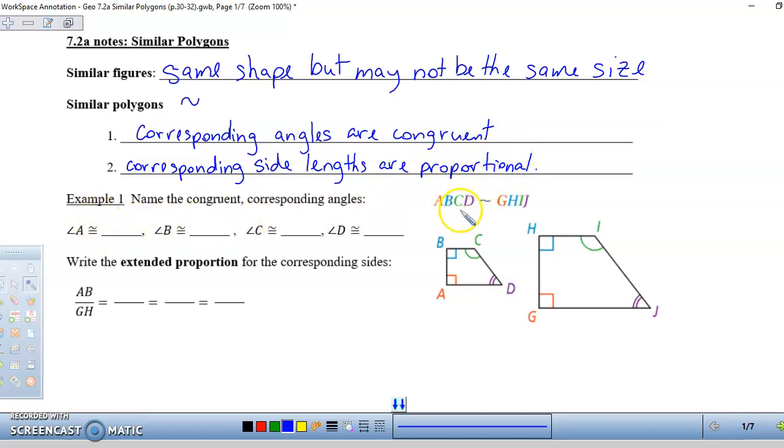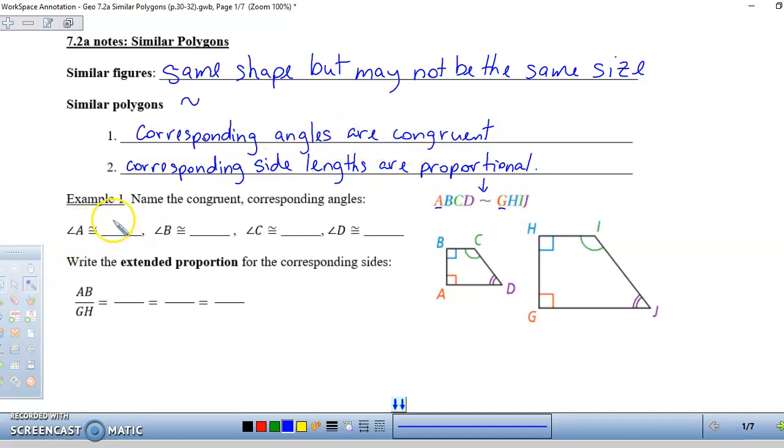Okay, but the same rules apply here for similarity. Notice that you have this similarity symbol, that squiggle. But the same rules apply as far as keeping the letters in order. So here, if we know these two shapes are similar to each other, then angle A would correspond with angle G and therefore would be congruent.